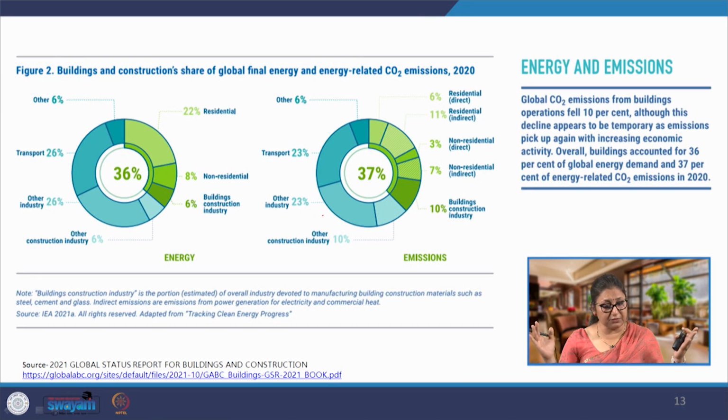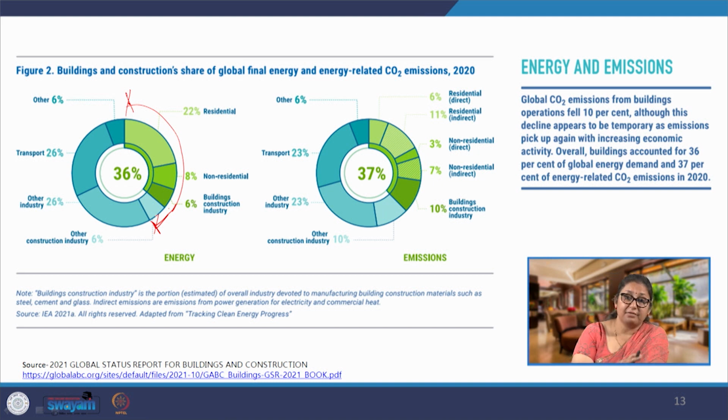And then if we look at the total energy consumption and emissions overall, and look at buildings, we see that a large share of this is actually coming from the buildings and construction industry, which is very close to 50%.